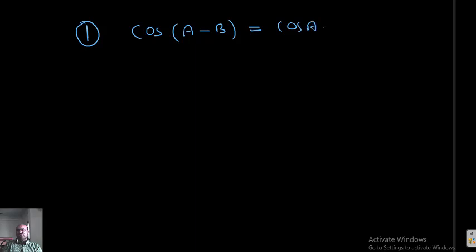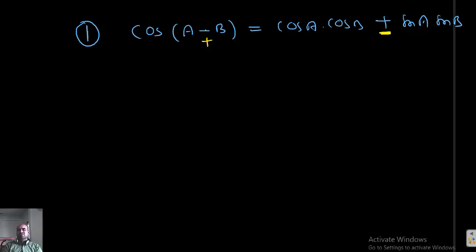Again I want to write all the 4 results, students. Important, listen. First result: cos of (a minus b) equals cos a cos b plus sin a sin b. Cos of (a plus b) equals cos a cos b minus sin a sin b. For cos of (a minus b) it is here plus, and plus means minus.